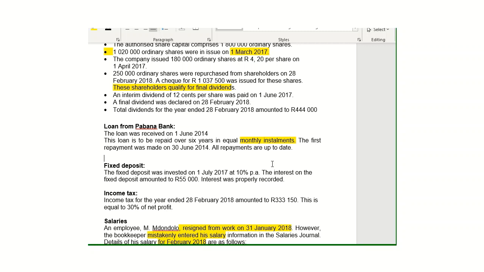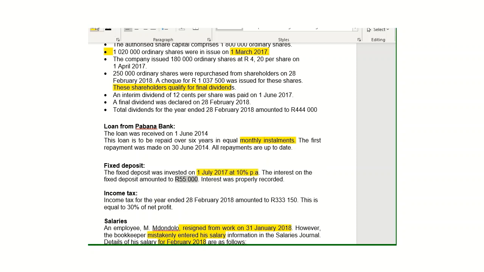So let's see how we can do it. What is given is I invested on the 1st of July at 10%, and the interest is 55,000. That is all the information I've got, so I must use that to do my calculation.